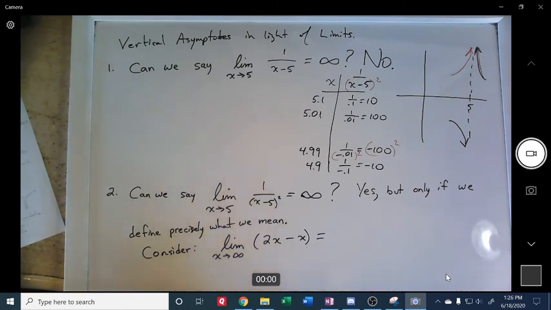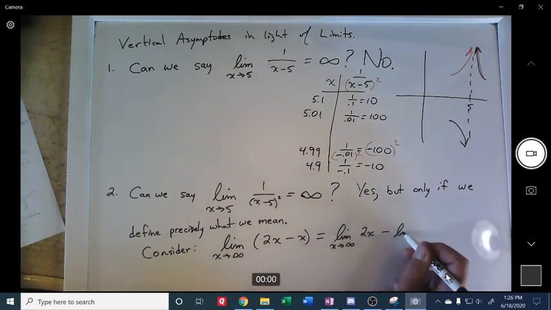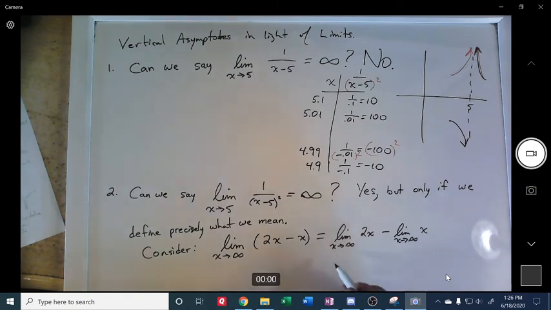Now, according to the limit laws that we know, we should be able to distribute this and make it two separate limits. Clearly this one is going to infinity.